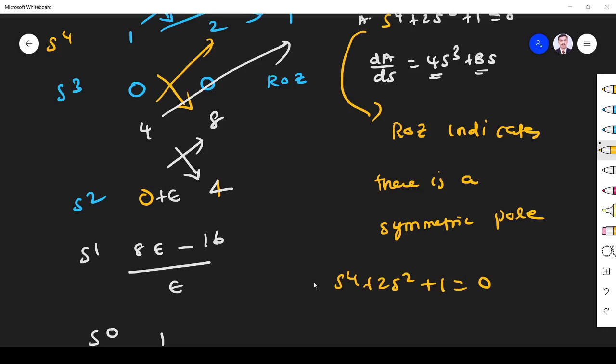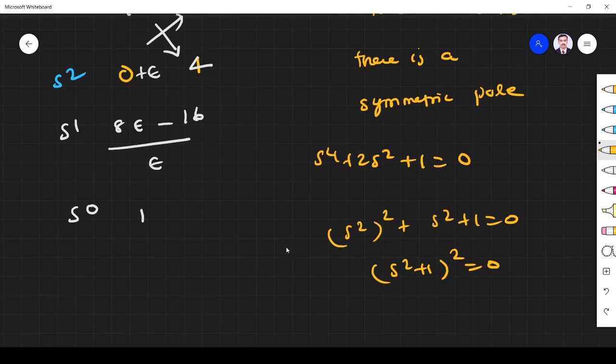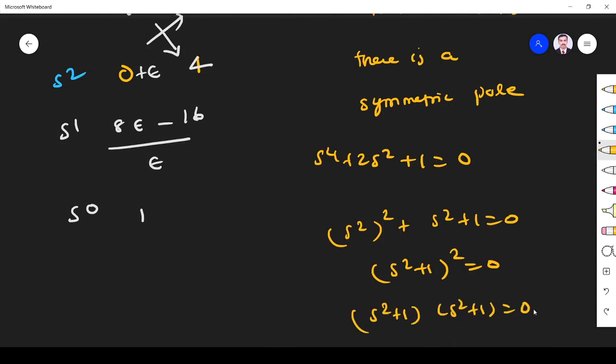Right? If I simplify, I can write this as s squared whole squared plus 2 s squared plus 1 is equal to 0. It is s squared plus 1 whole squared is equal to 0. Right? a squared plus 2ab plus b squared. This indicates s squared plus 1 into s squared plus 1 is equal to 0.